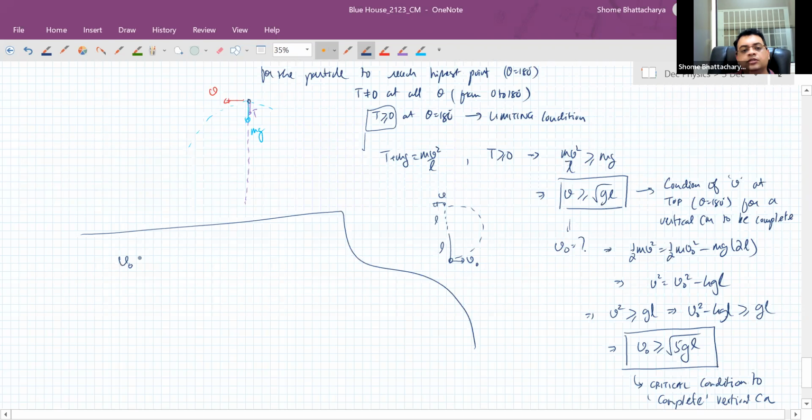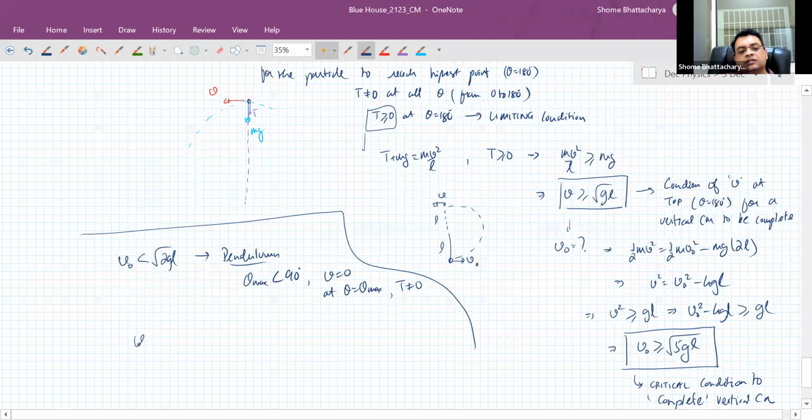If the speed at the lowest point is less than root 2 gL, it acts like a pendulum. The maximum angular displacement you reach is less than 90 degrees, and V becomes 0 at that maximum angular displacement. But tension is non-zero at that point. The string does not slacken.